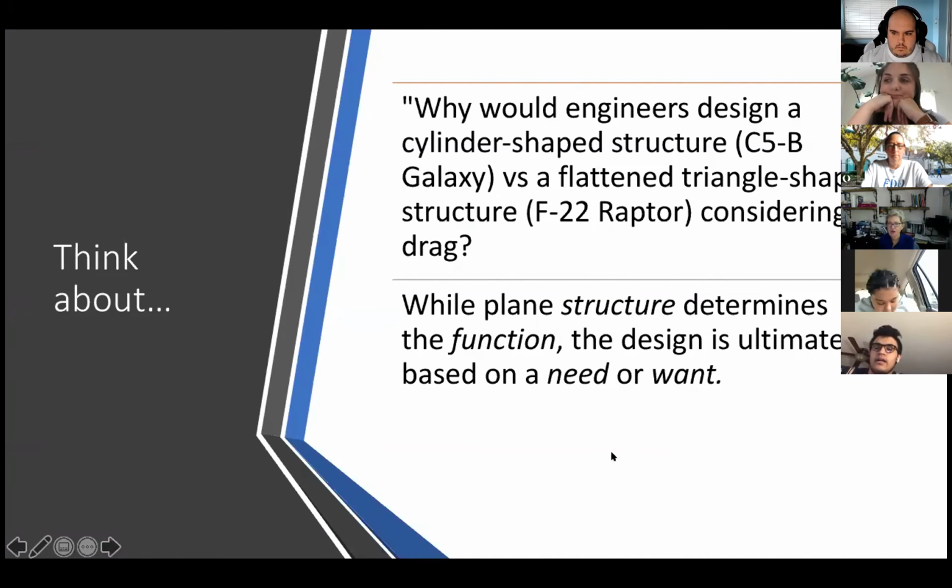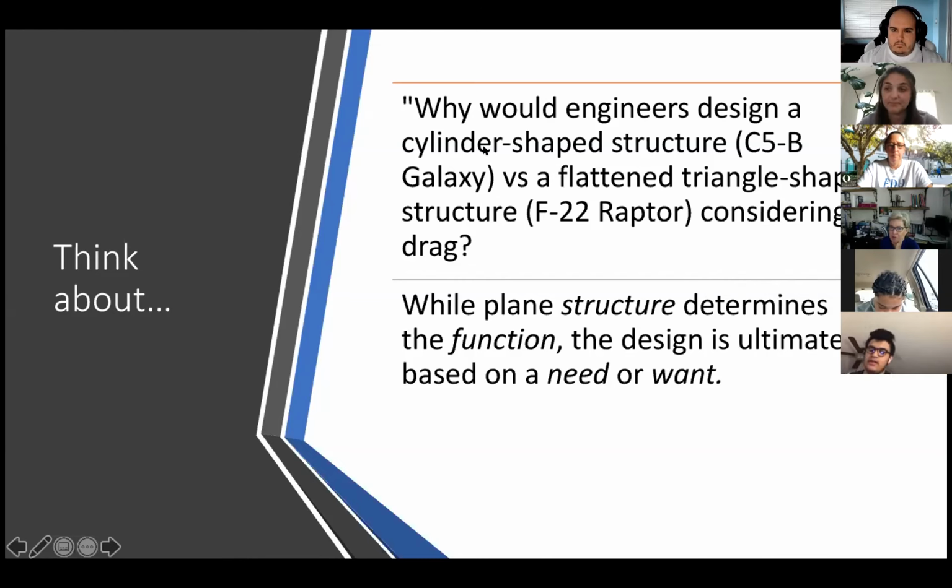So why would engineers make something with so much drag? Because it has a strong thrust and they needed something to counteract it. Yes, exactly. Any other ideas about that?